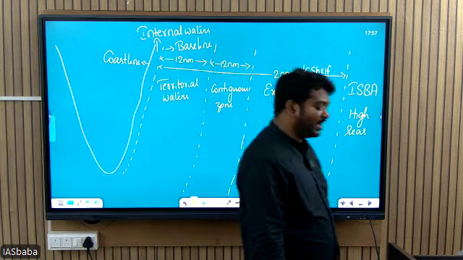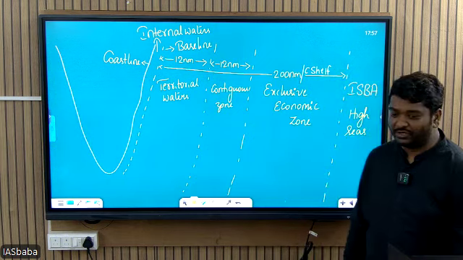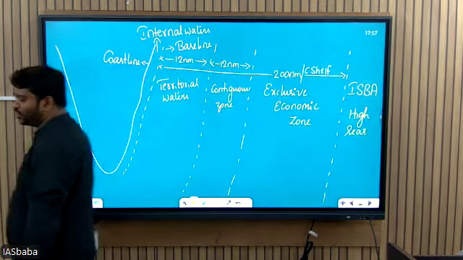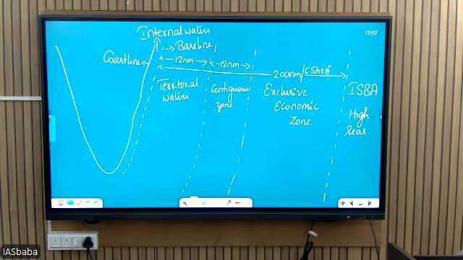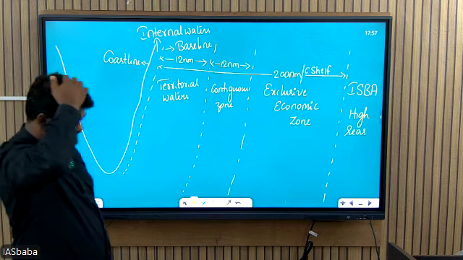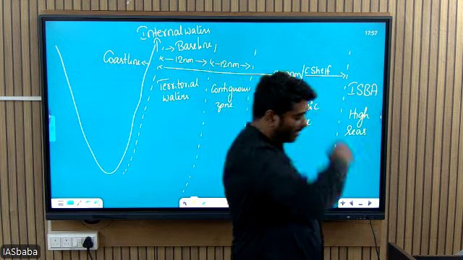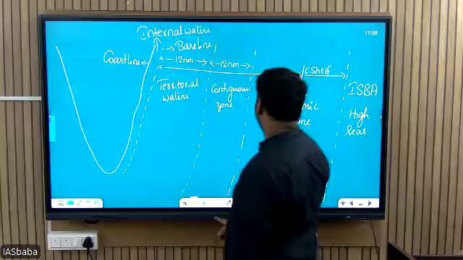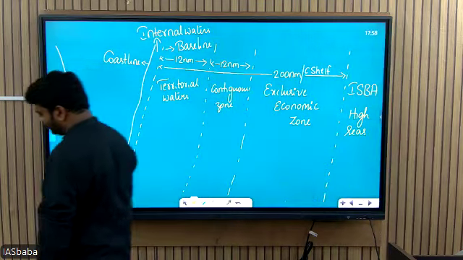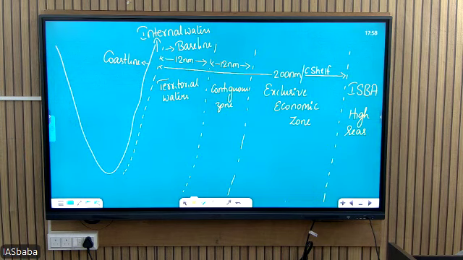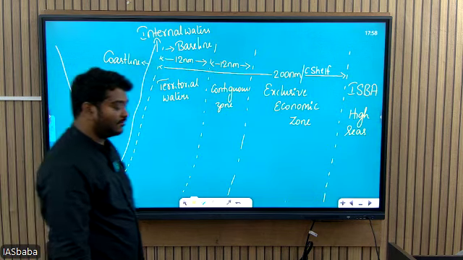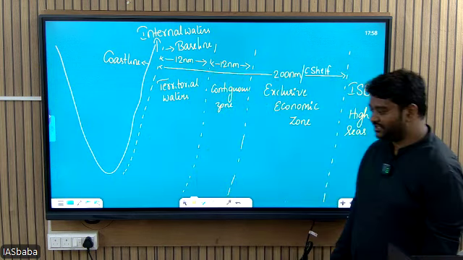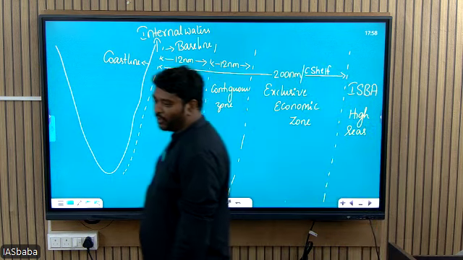It tries to demarcate maritime zones of the country, where the country will have rights over water bodies.